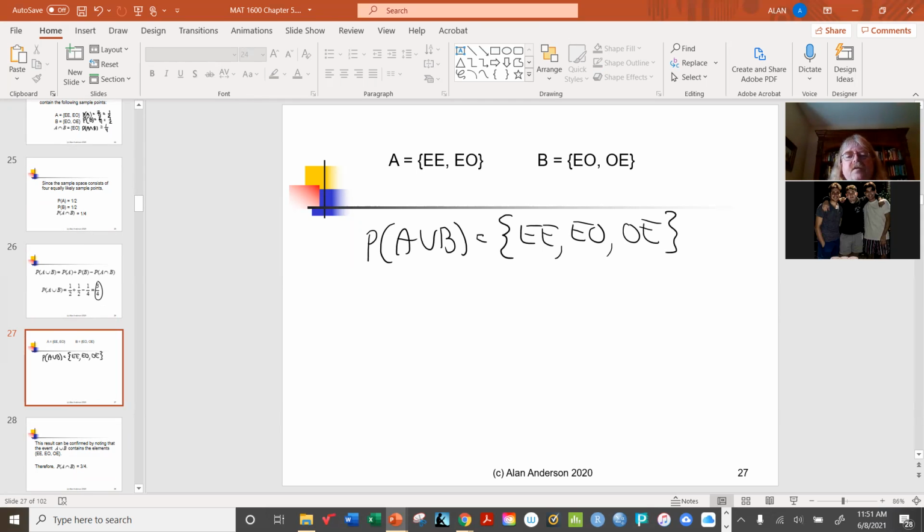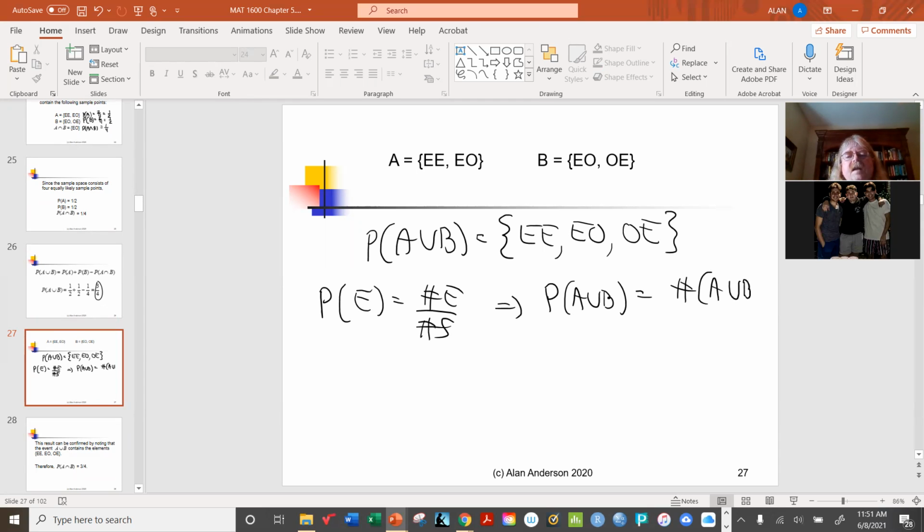And then we could have used the rule we had before, the probability of an event. Now, this is, again, only when each element is equally likely to occur. We could have done the same thing here. In other words, there's 3 elements in the union. There's 4 in the entire sample space, and we're done.